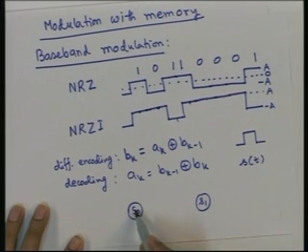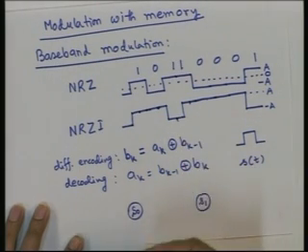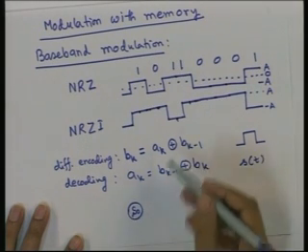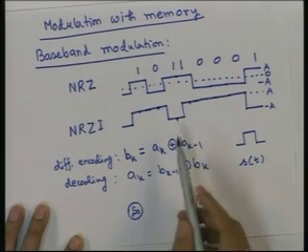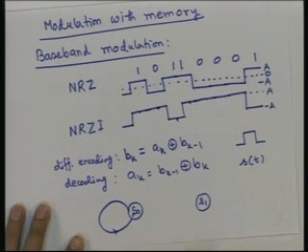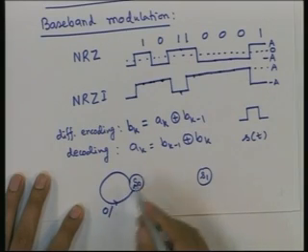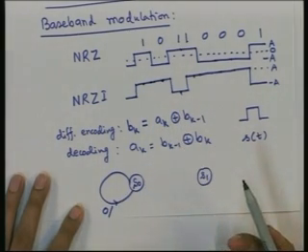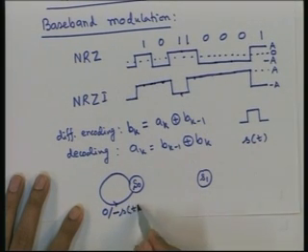So, if the encoder is at state S0, that is it is 0, then if it receives 0, it will stay in that state. It will transmit the same minus st level. This is minus st. So if it receives 0, it will go to S0 itself, because the next level it is going to transmit is the same minus st waveform, and it will go to the same state.